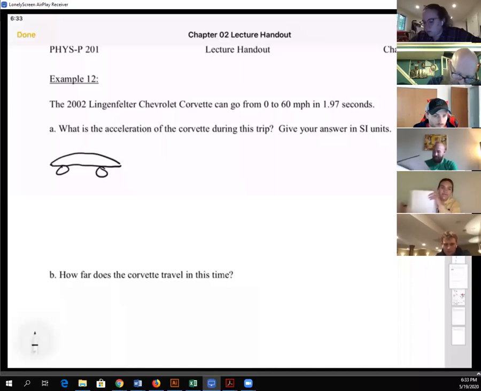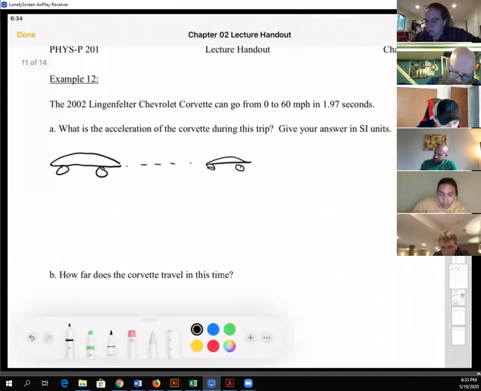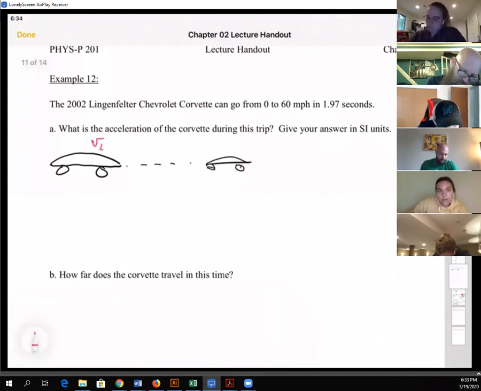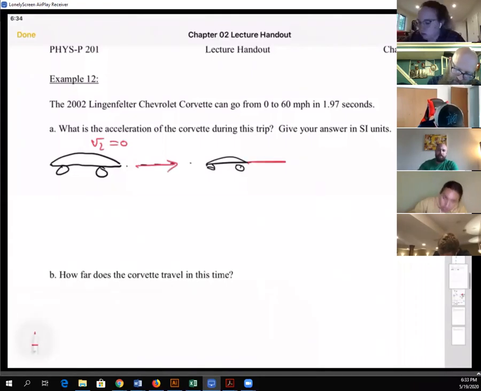That's fine. So here's our car, and it's going from 0 to 60. Where are my dots? There they are. So V initial is 0, right? And V final here is 60 mph.